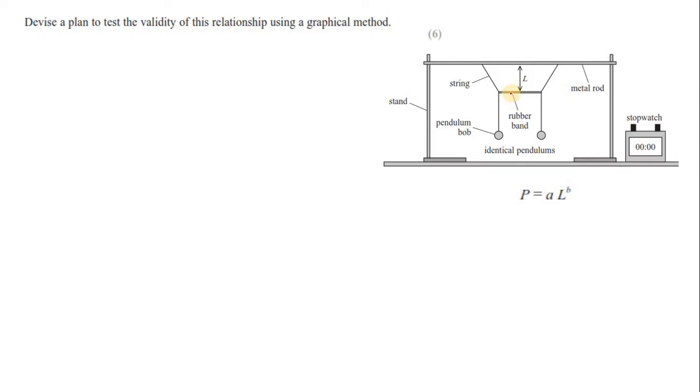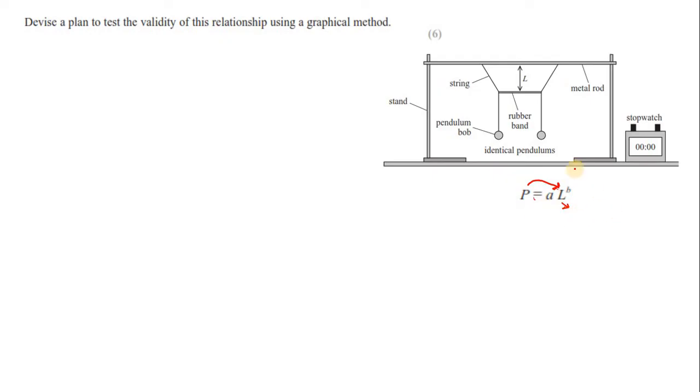Because we know that according to the equation, P depends upon L, first we measure L, and then for different values of L we are going to measure P. P is the time period for oscillation from maximum to 0 and 0 to maximum, or vice versa.